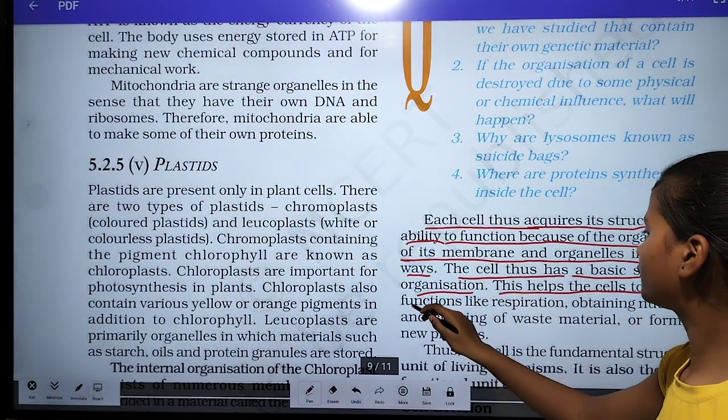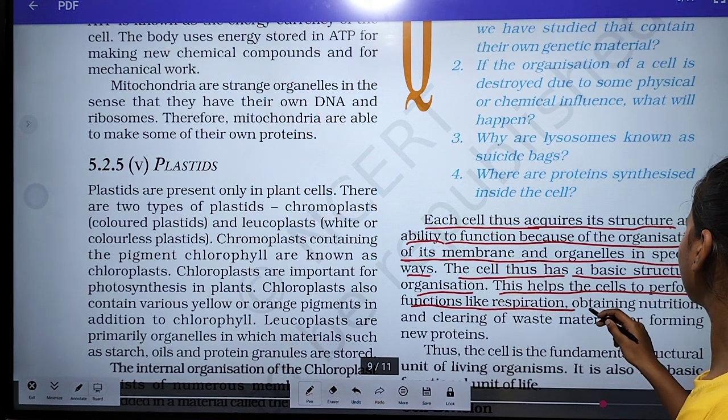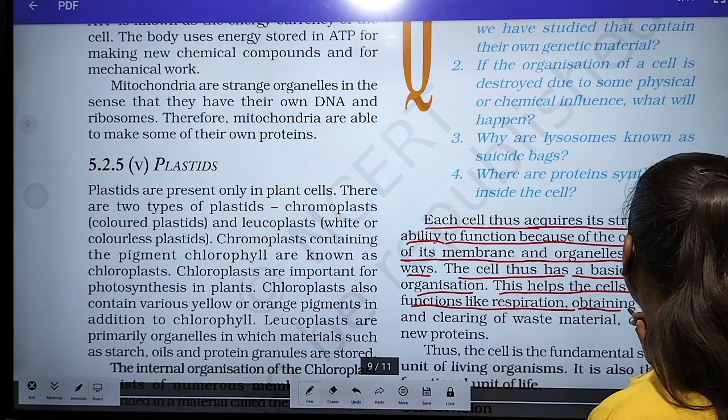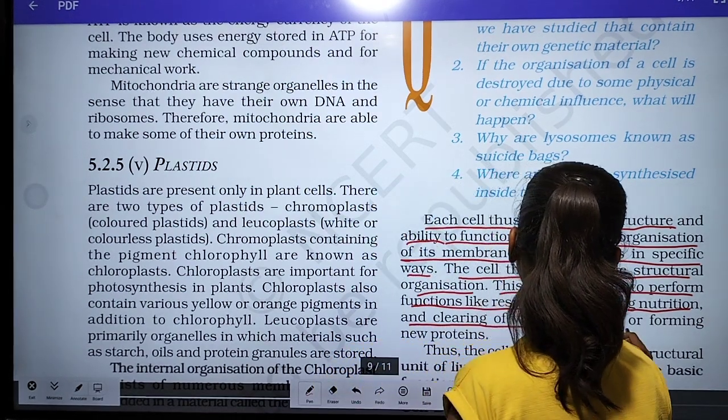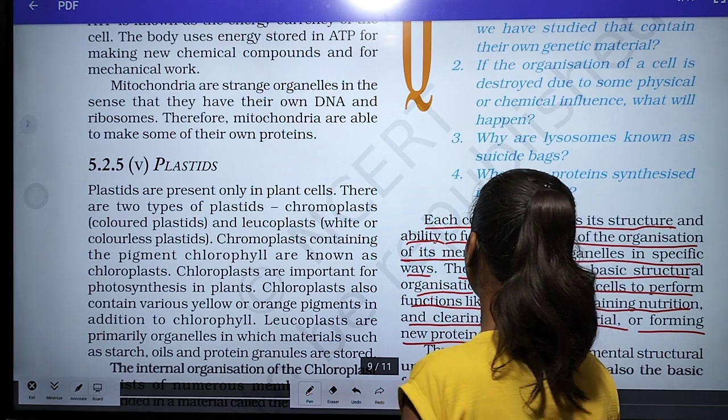to perform functions like respiration, obtaining nutrition, and cleaning of waste material or forming new proteins.